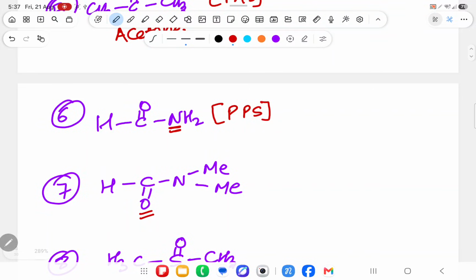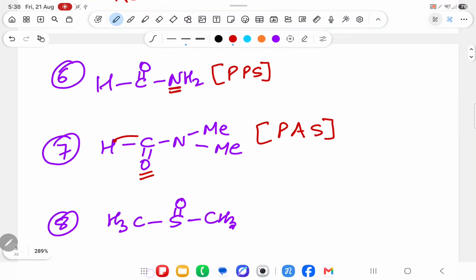This oxygen has no hydrogen. Hydrogen is there with carbon, not with oxygen. This nitrogen has no hydrogen. It means this is a polar aprotic solvent, and its name is DMF. I am not going to write the full form, but if you have to write, you can write dimethyl formamide.